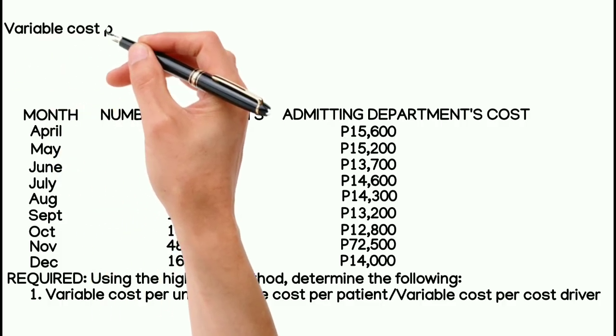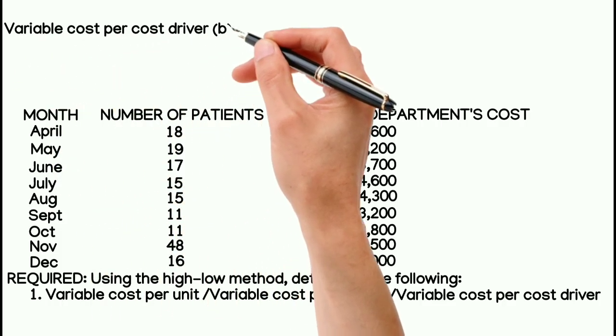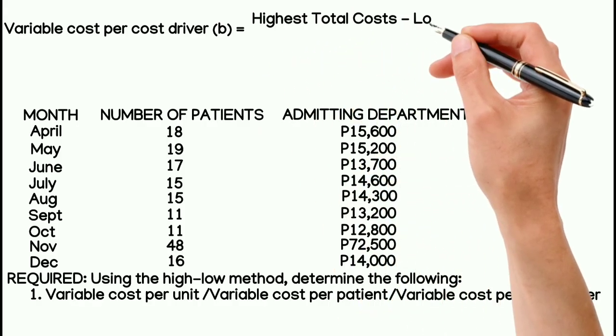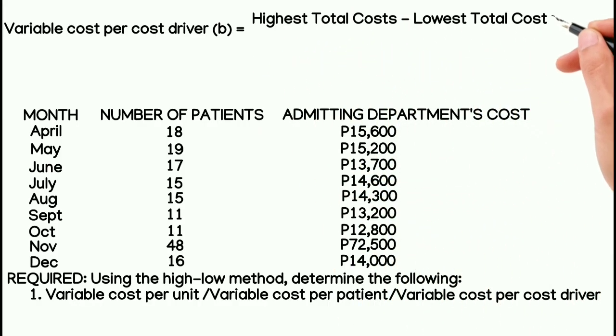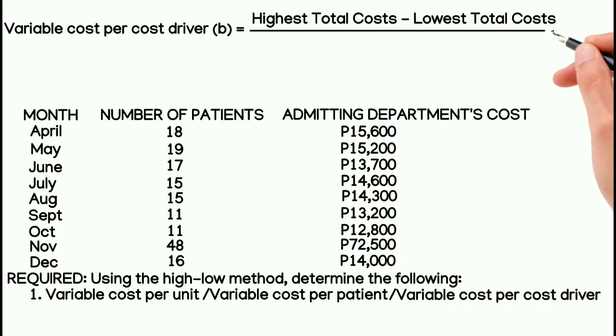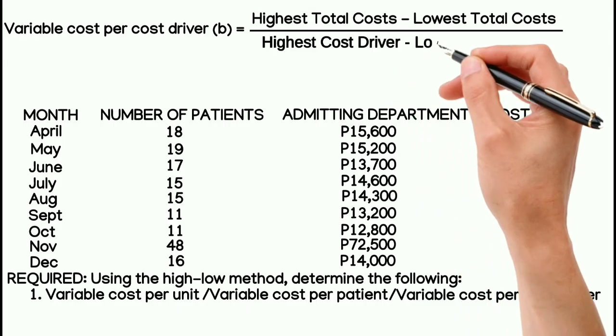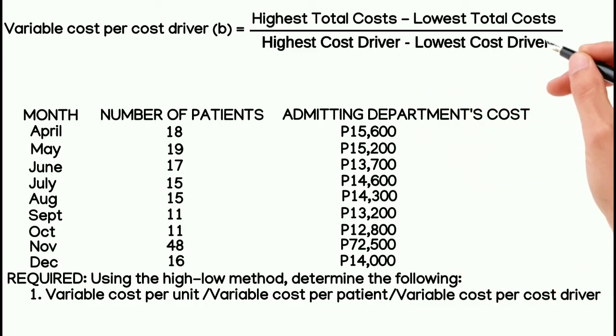Variable cost per cost driver is equal to the difference between the highest total costs and the lowest total costs over the difference between the highest cost driver and the lowest cost driver. In other words, highest total costs minus lowest total costs over highest cost driver minus lowest cost driver.